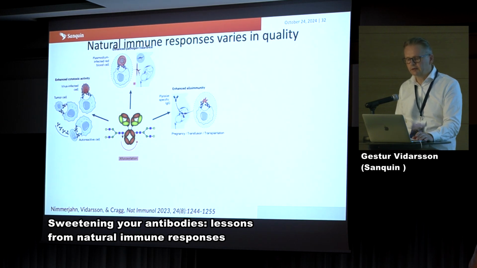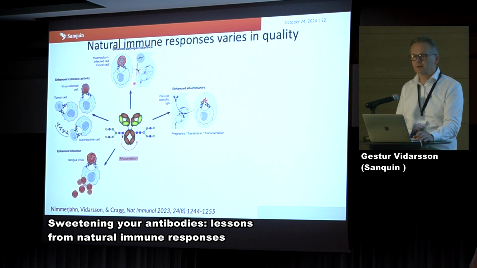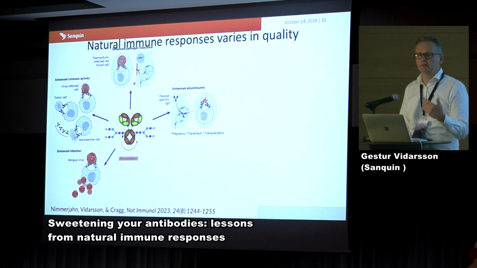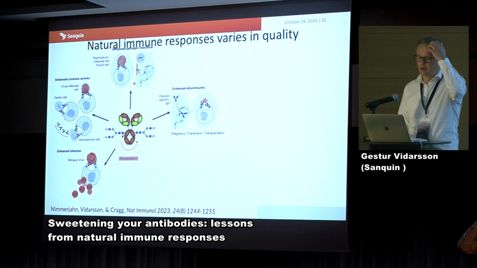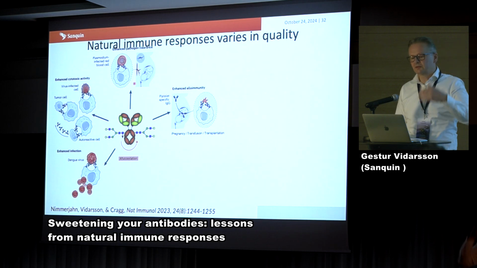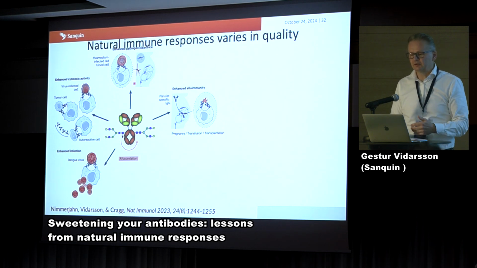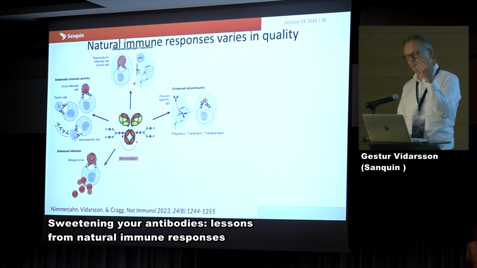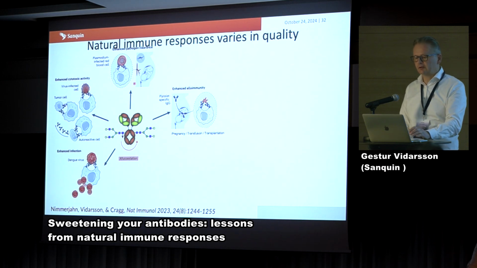We also make this in pregnancies to alloimmunization, and we think that may be an evolutionary choice or something that we have to accept in evolutionary terms, because these types of immune responses are not that common. But of course, in endemic regions, enveloped viruses and of course malaria are important pathogens to clear.